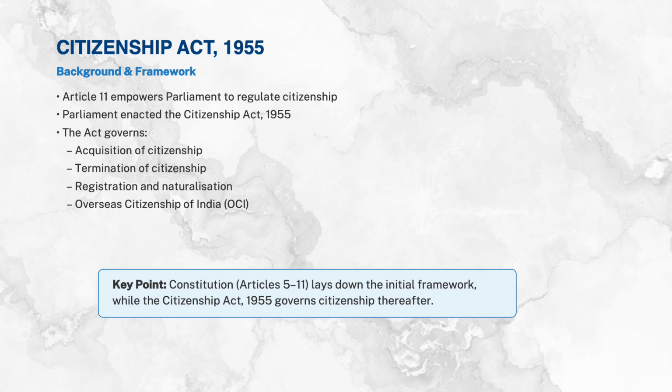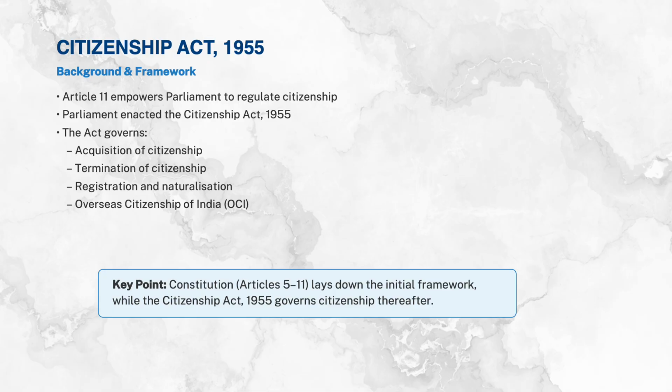A lot of changes have been made because a lot of amendments have been introduced, okay? But what I am going to teach you today is the present rules and regulations mentioned in Citizenship Act 1955, which is the only thing that you need to understand. If NPSC asks you certain questions, they are going to ask you about the rules that stand at present. So Citizenship Act 1955, the background and framework.